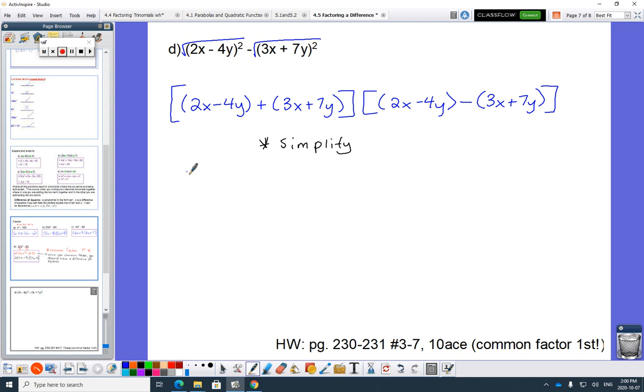What's that? 5x. So I just collected those. Negative 4y and positive 7y is plus 3y.